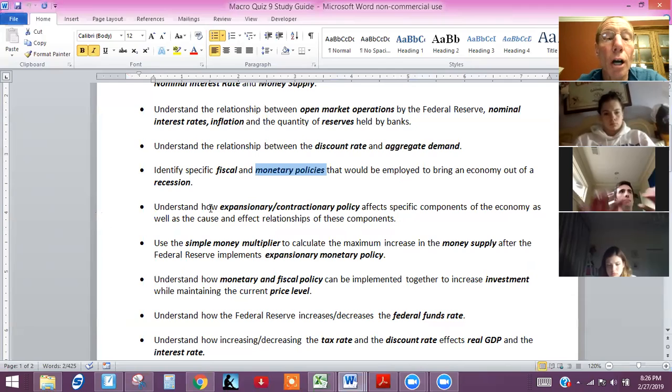Okay, this is just understanding what I've been talking about all along. What happens, for example, when there's expansionary fiscal policy?